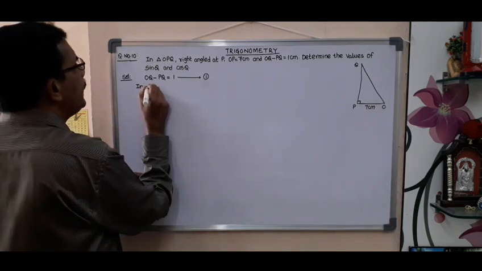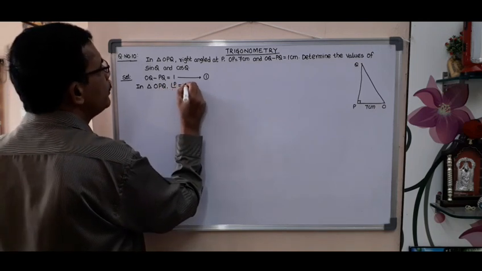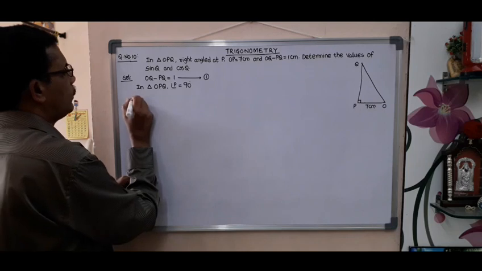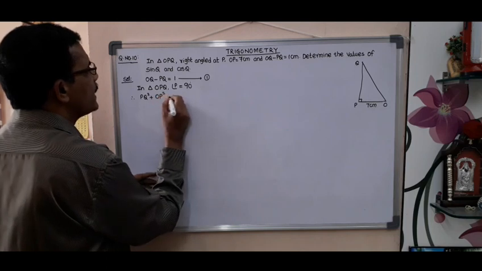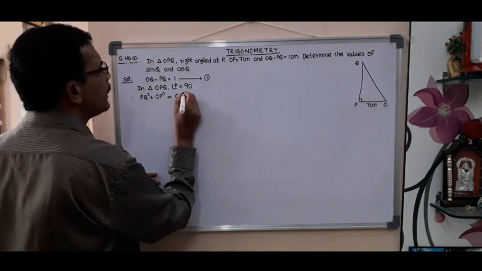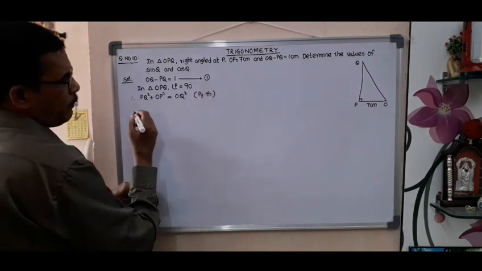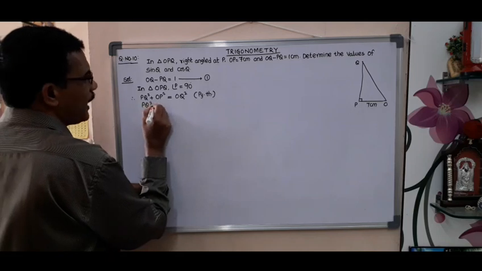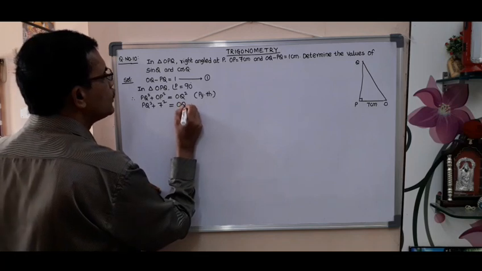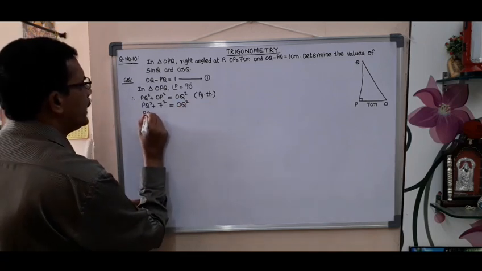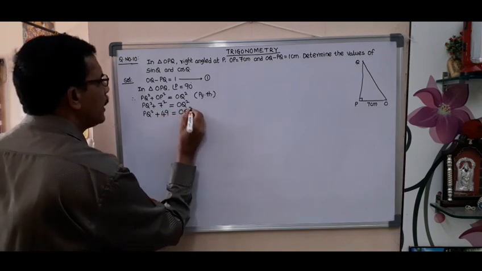In triangle OPQ, angle P is equal to 90 degrees. Therefore, PQ square plus OP square is equal to OQ square. It is Pythagoras theorem. Now, PQ square plus OP length is given 7, 7 square is equal to OQ square. PQ square plus 49 is equal to OQ square.